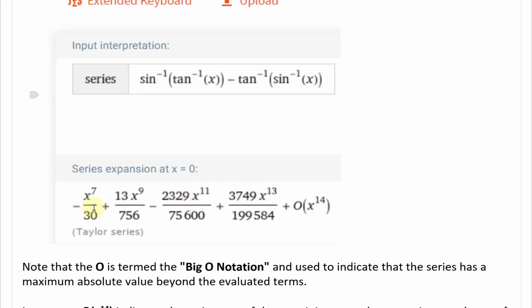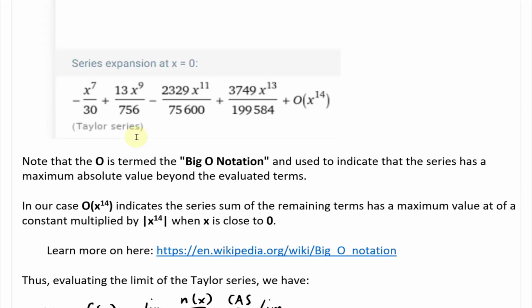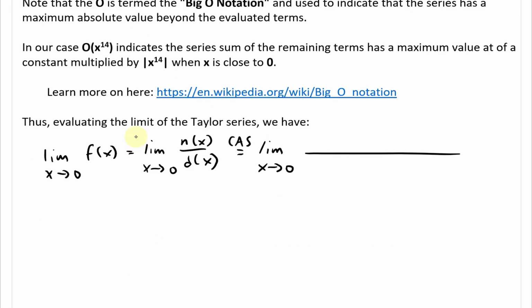So negative x to the 7 divided by 30, let's do the first one: negative x^7 divided by 30, and minus 29x^9 over 756. Actually, it's easier to write it as negative 1 over 30 x^7, and then minus 29 over 756 x^9, then minus dot dot dot.